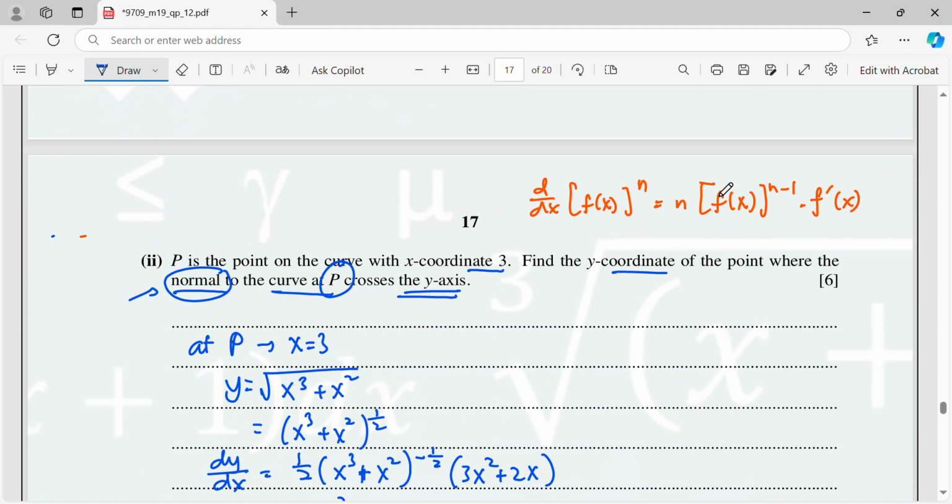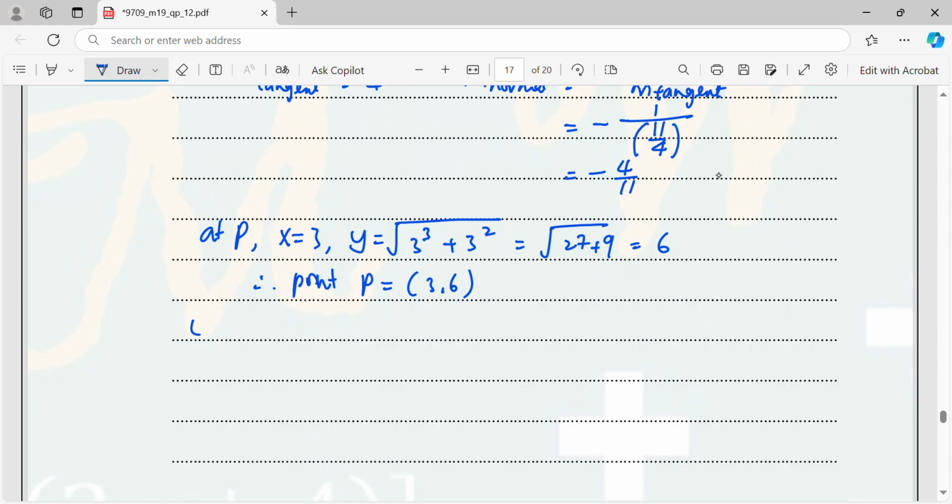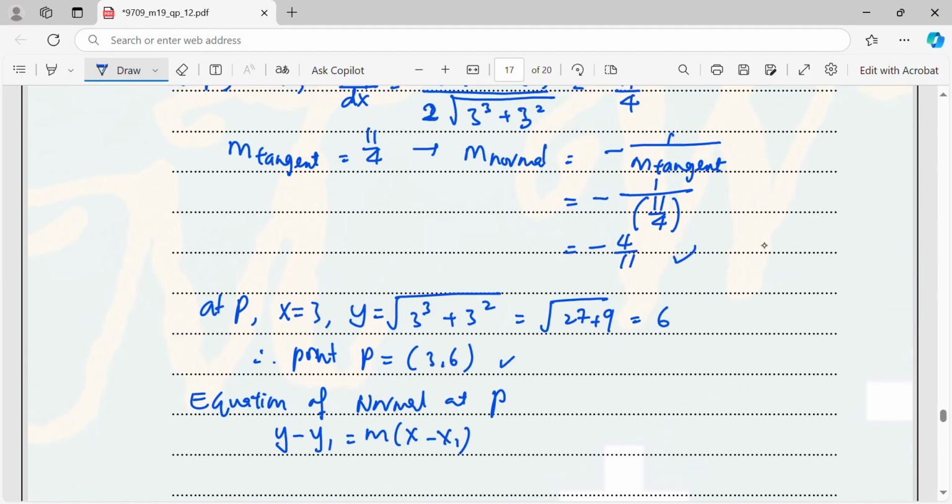So when you look at the question, find the y-coordinate of the point where the normal to the curve at P crosses the y-axis. So now I need to form the normal line. So equation of normal at P. That is y minus y1 equals m bracket x minus x1. Or you can use y equals mx plus c. So use this gradient, negative 4 over 11, and the point with coordinates (3, 6). So I get y minus 6 equals gradient is minus 4 over 11, then x minus 3.